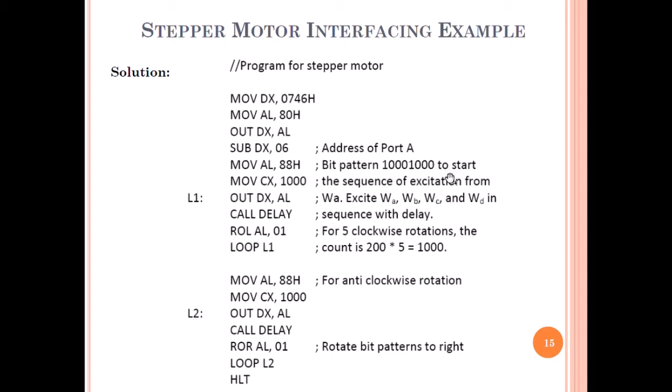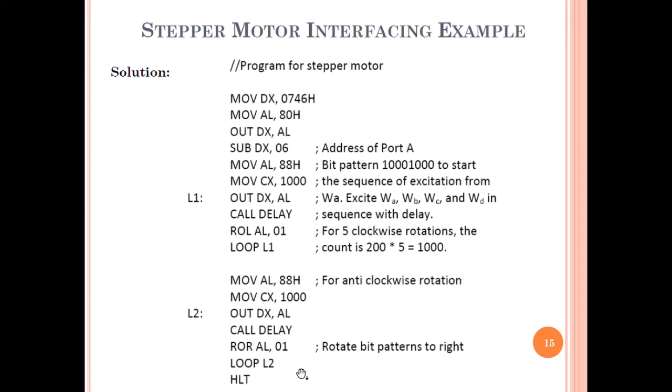so that rotating right means this one will be shifted to this bit, for which WC will get excited, and if WC gets excited we get the next rotation. We just have to output it to DX, the port A address, therefore we loop to L2. Then again, for the pulse to be maintained we call the delay function, and then again we rotate right, so the next winding, WB, gets excited.